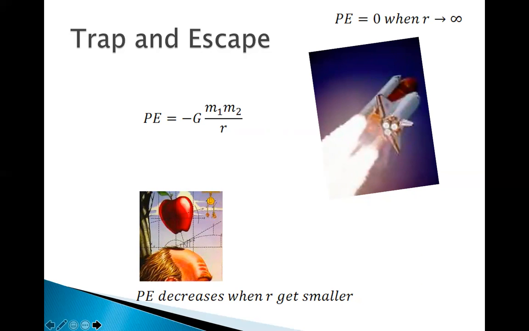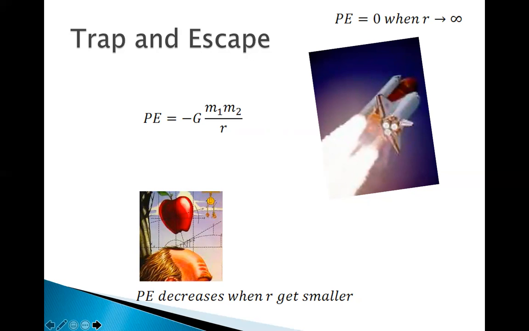So if an object is on Earth, it'll remain on Earth. If we jump up, we'll go back down, because every object tends to go to a lower energy naturally. That's what we call a trap, or say we're secured on the surface of the Earth so we don't fall off.